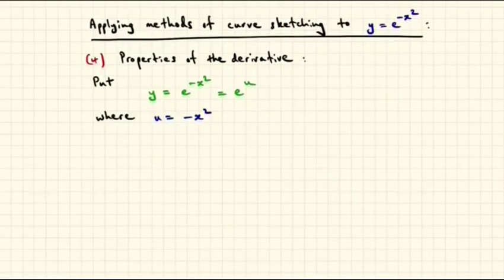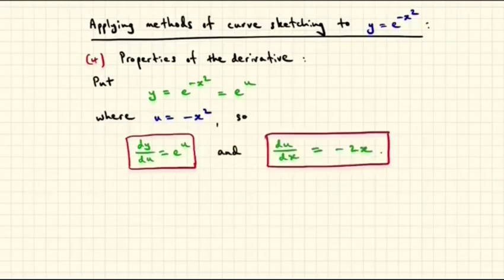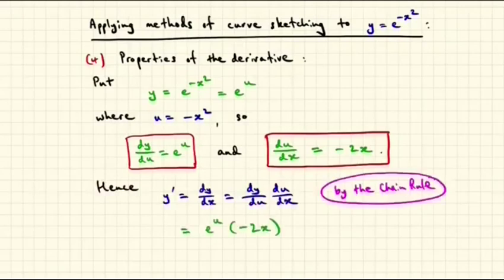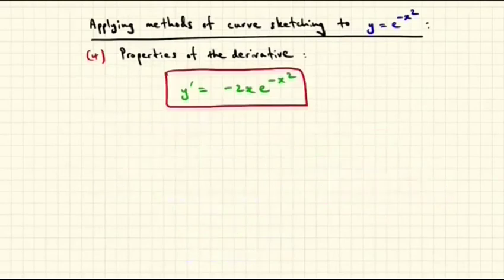Hence the derivative y dash, which is the same as dy/dx in Leibniz notation, becomes dy/du times du/dx by the chain rule, which now becomes e to the u times minus 2x, which is minus 2x times e to the minus x squared. It's important to know when the derivative is 0. In this case, this only happens when x equals 0.